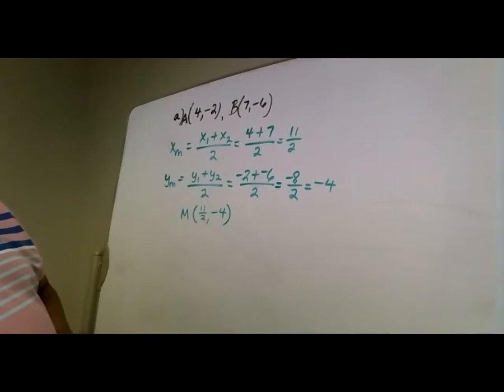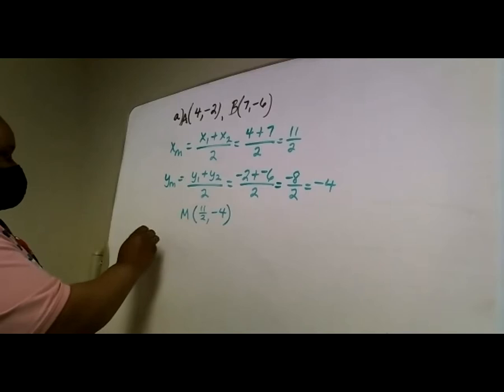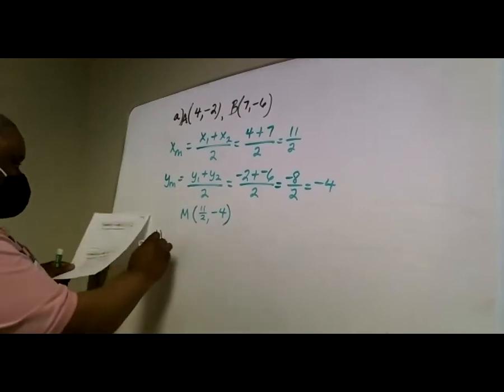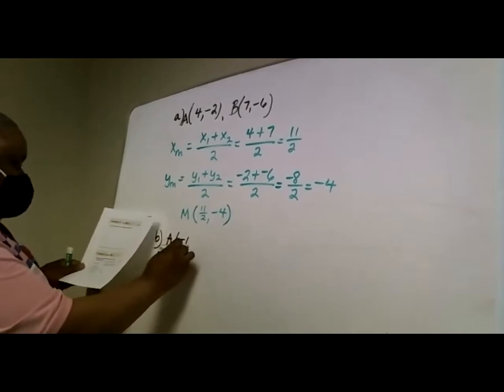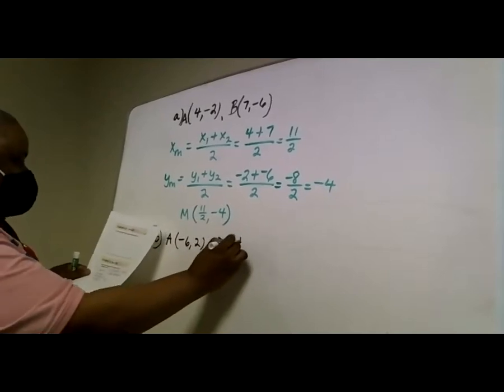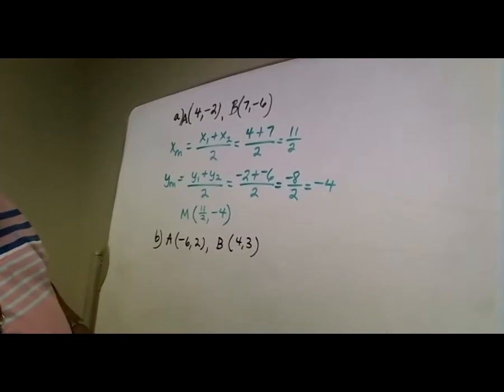Okay, questions on part A? Okay, part B. Point A has the ordered pair -6, 2. Point B has the ordered pair 4, 3. And I want to find the midpoint of line segment AB.